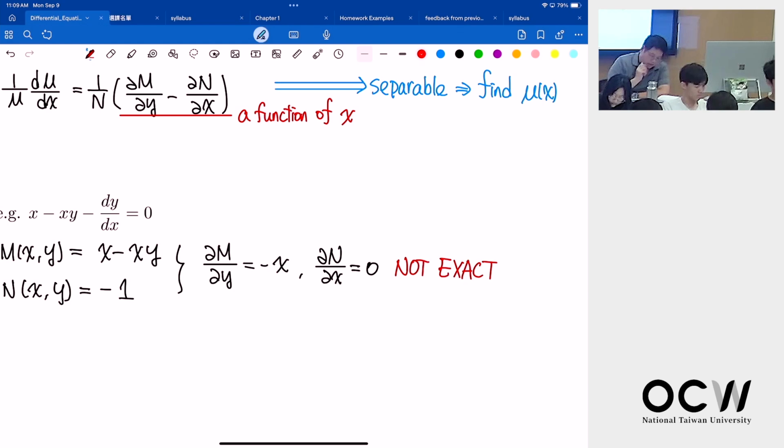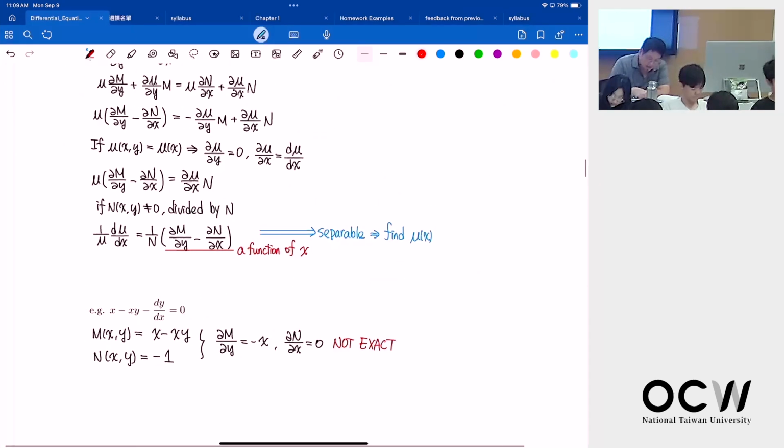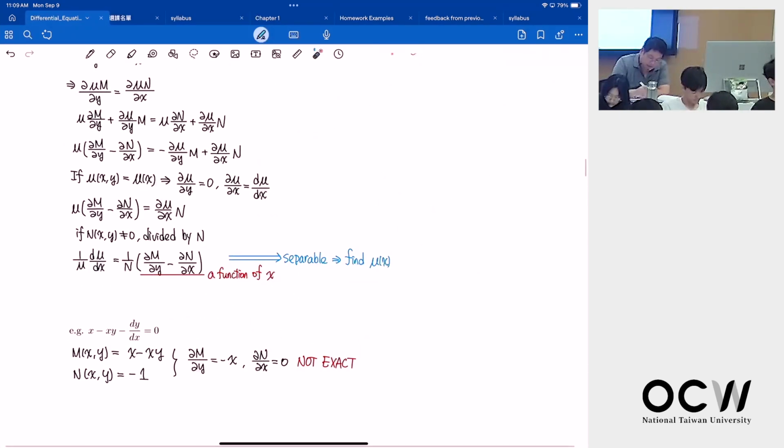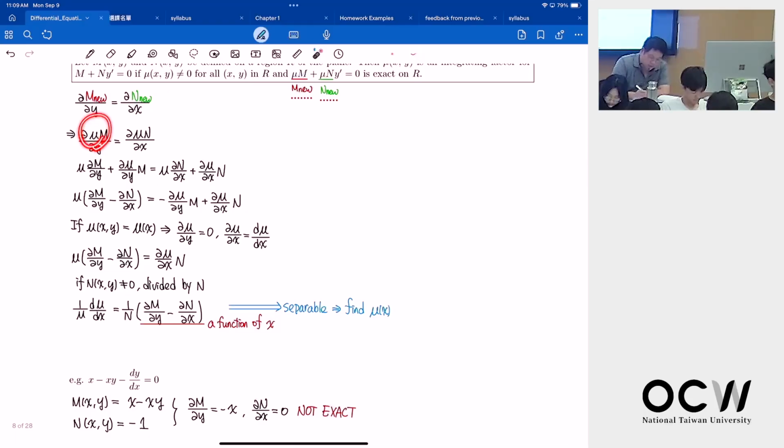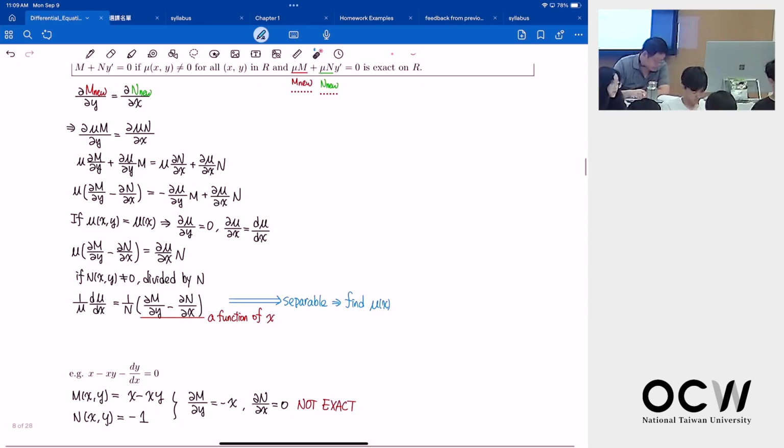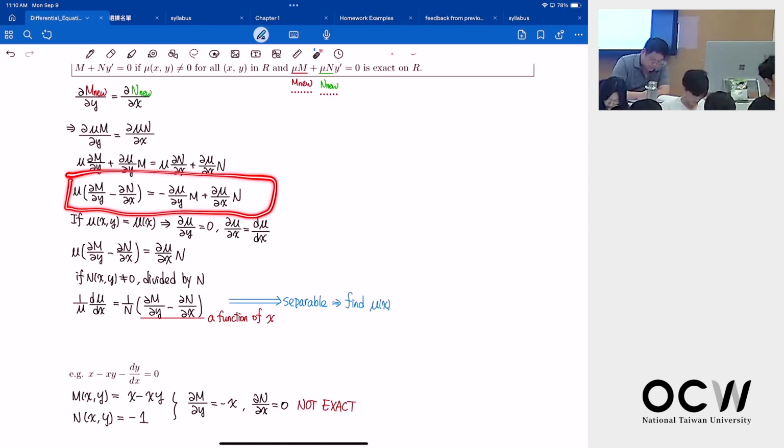Now, if it is not exact, then we need to find the integrating factor. Hopefully, we can find the integrating factor to make this new equation exact. Okay, so we will times the mu. All right, and when we times the mu, then we can simplify it to here.